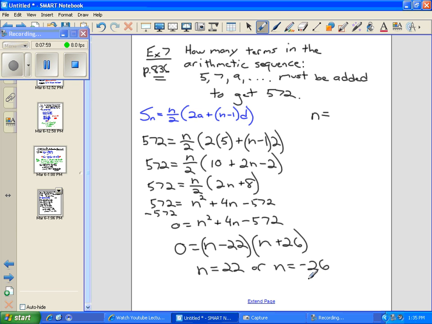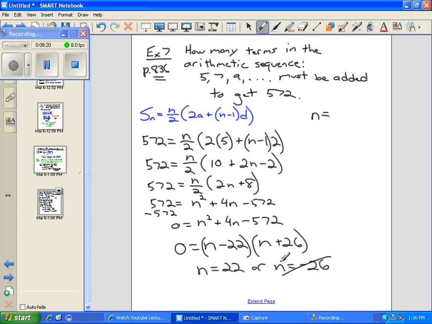All right. Let's go back to the question that's being asked here to see if one of these makes sense, or both of them make sense, or maybe I can take one out. The question was, how many terms in the arithmetic sequence must be added to get 572? Does it make sense that negative 26 terms are added together? That does not make sense.